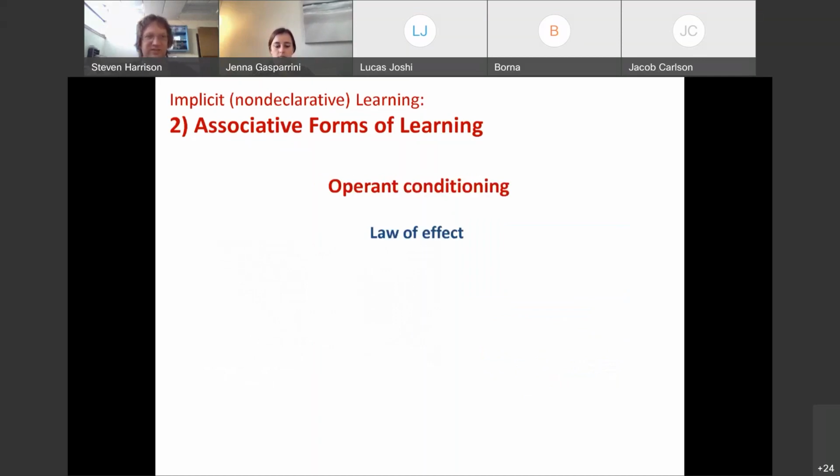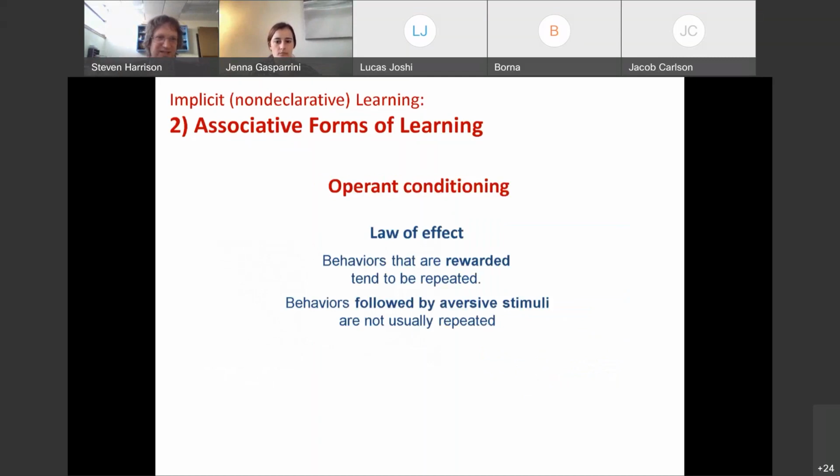Okay, so in the context of operant conditioning, there's something called the law of effect. We're going to focus on this because it's an interesting rule of thumb. Behaviors that are rewarded tend to be repeated. So, as rules of thumb for thinking about working with patients, behaviors that are followed by aversive stimuli are not usually repeated.